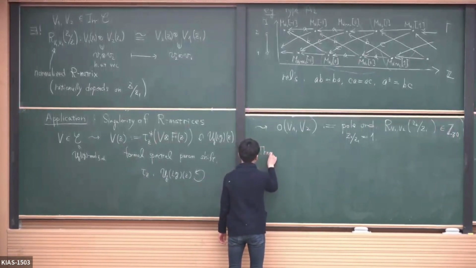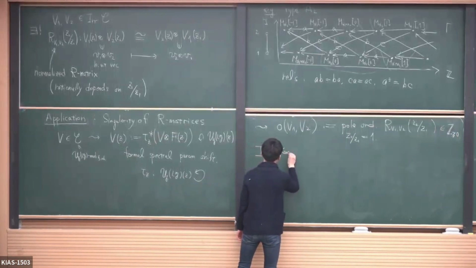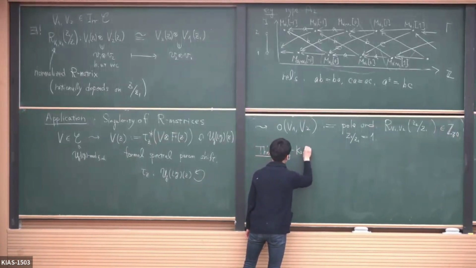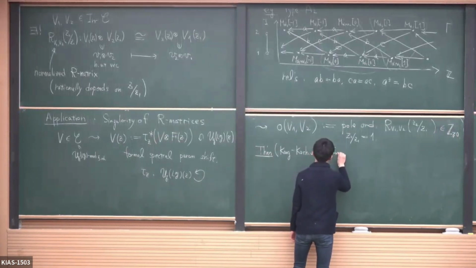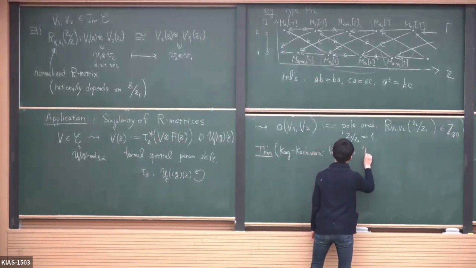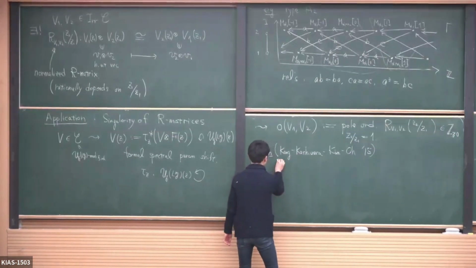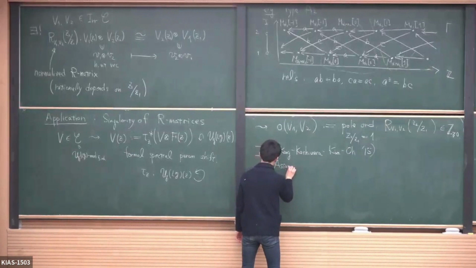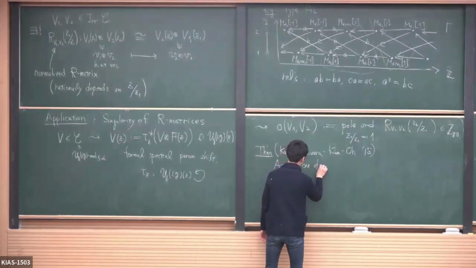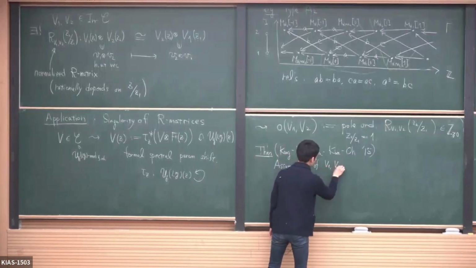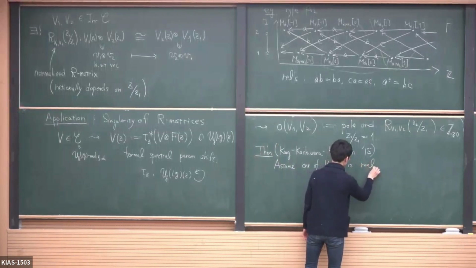So for example, we have the following theorem. So this is due to Kashiwara-Kim-Oh-Park. We need to assume some condition, which says to assume one of V1, V2 is a so-called real module.